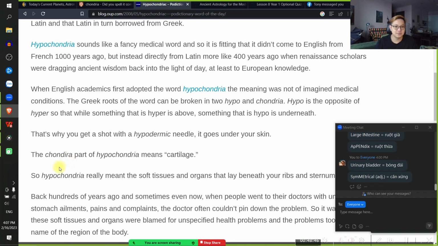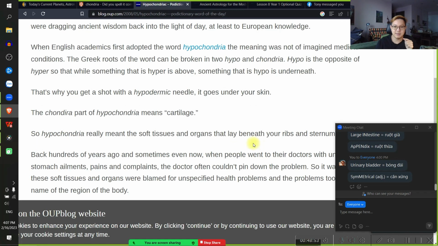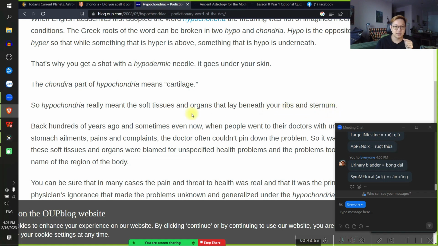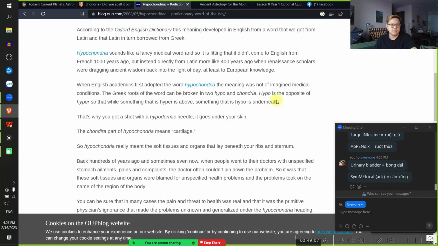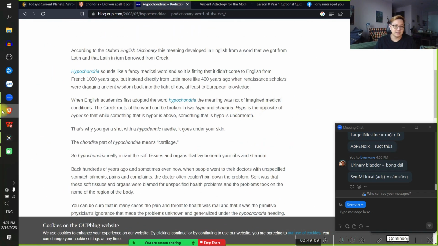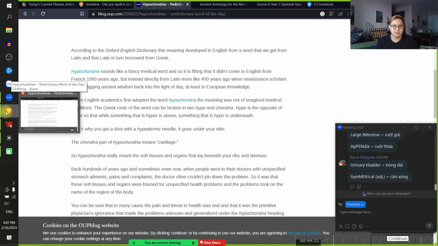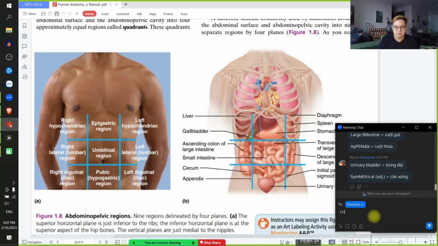So hypochondria is like the soft tissue and organs that lie beneath your ribs and sternum. Okay, let's just say chondria is like the cartilage.